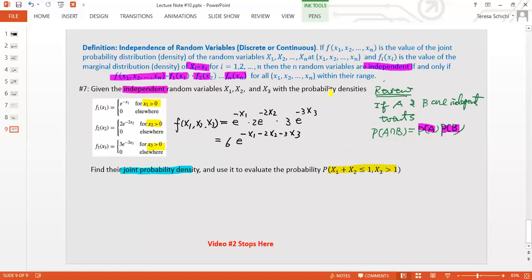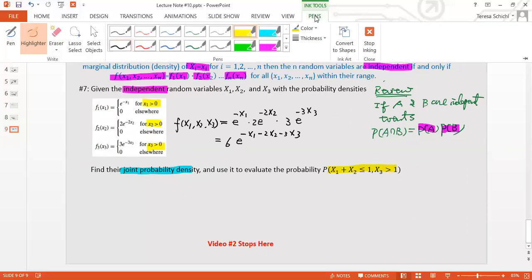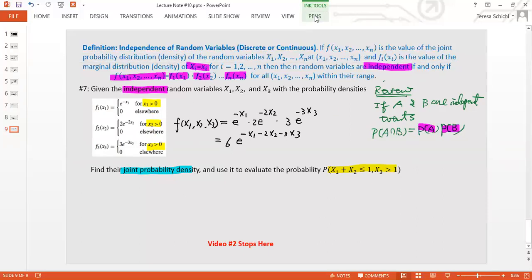If they just said x1 greater than 3, x2 greater than 5, then the integration would be pretty easy. But here we need to be careful. X3 I don't have a problem with. So I need to integrate from 1 to infinity, because it's greater than 1. But for these ones, we really need to be careful.